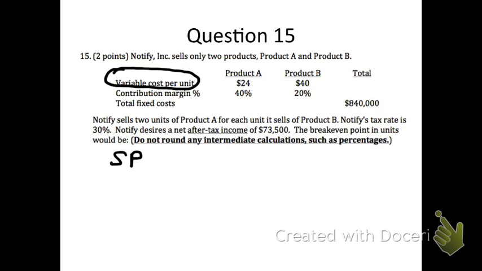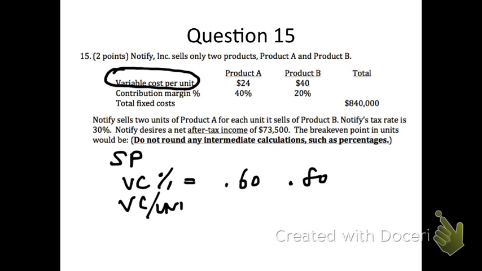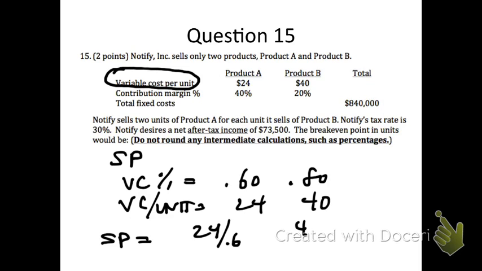So if the variable cost per unit is $24, and the contribution margin ratio is 40%, then I can determine the variable cost percentage. The variable cost percentage for product A is 60%, and for product B 80%. And if the variable cost per unit is 24 and 40, then the selling price is 24 divided by 0.6 and 40 divided by 0.8.